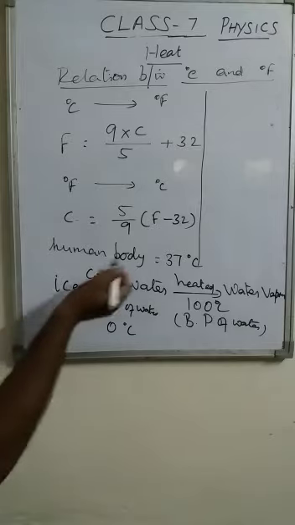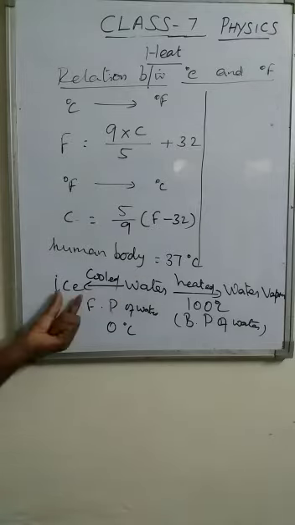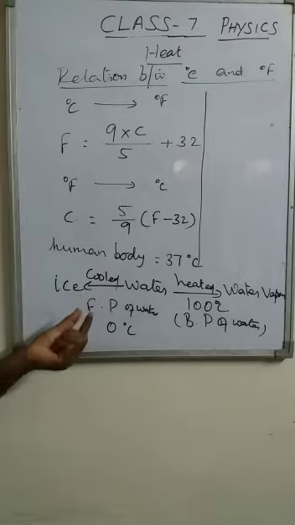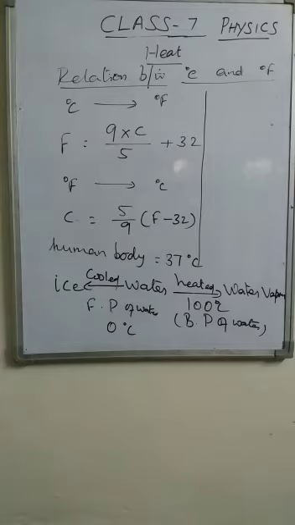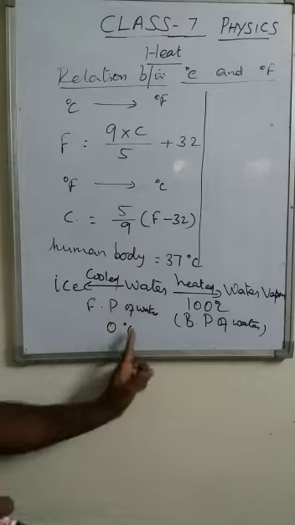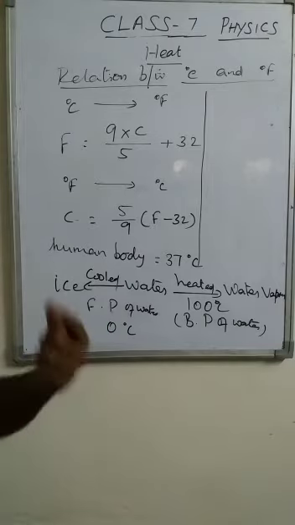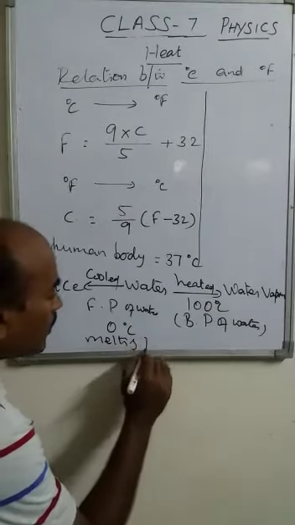In the reverse process, if the ice is heated, then it will melt into water. That temperature is also 0 degrees Celsius, meaning ice changes into water at 0 degrees Celsius. That temperature is known as the melting point.